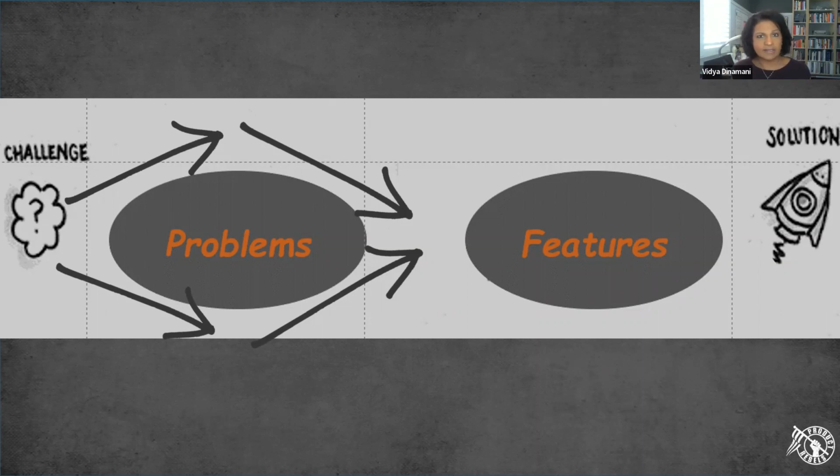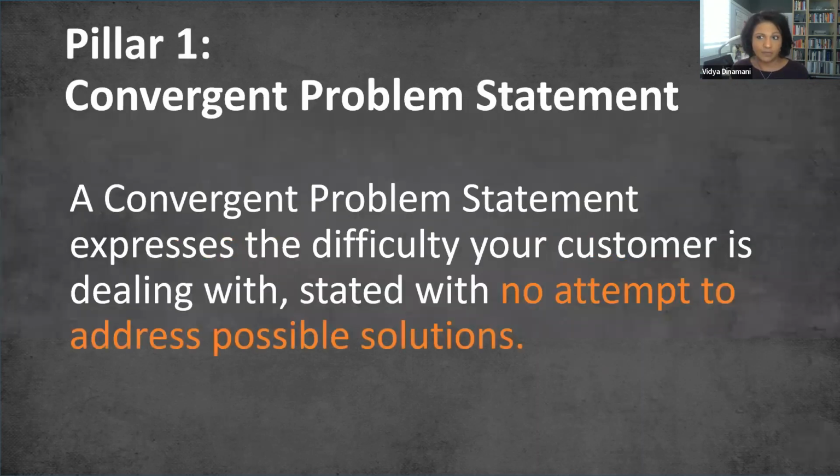Why did you pick this? Why is it so important? How do you know that the customer needs this particular problem solved? And how is that a path to revenue? So we call this a convergent problem statement, because you've explored and then you've specifically picked the problem that you're going to go after.